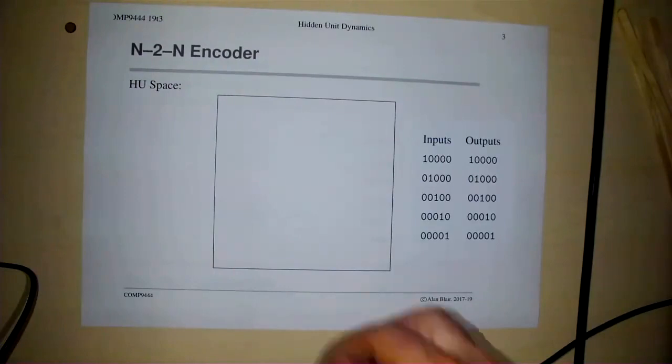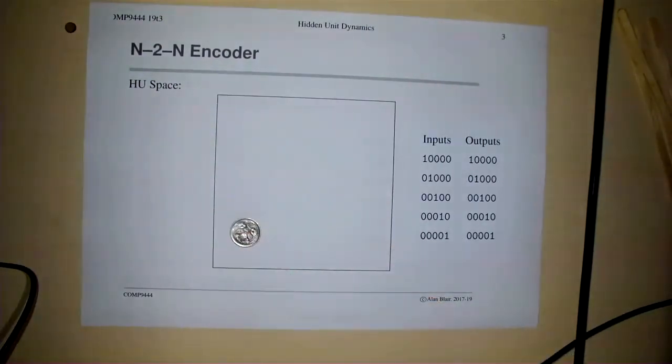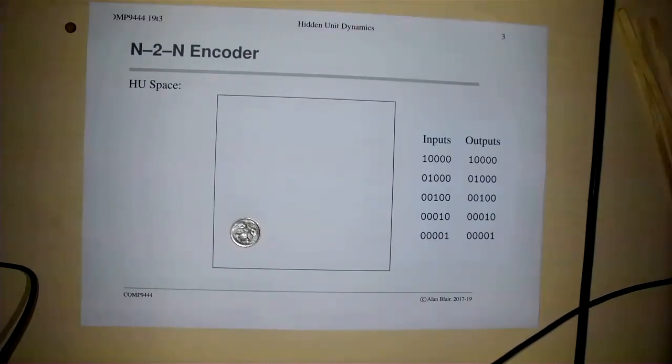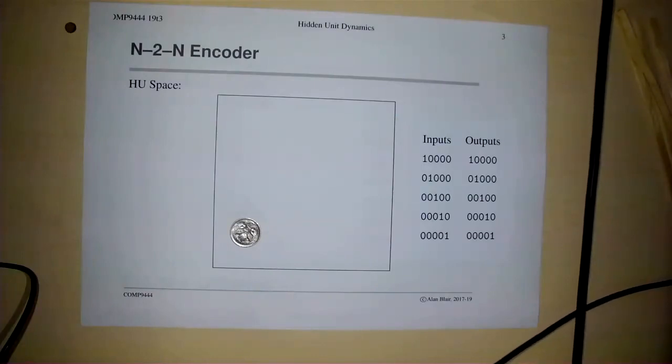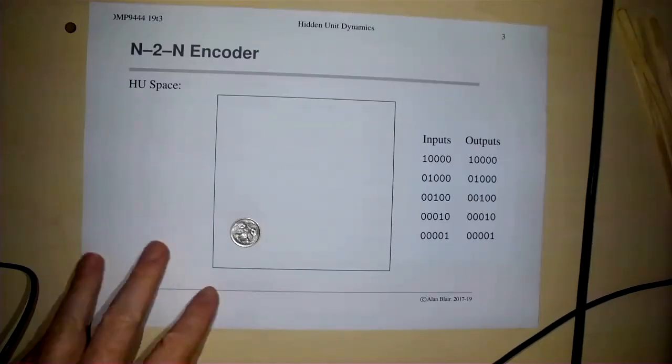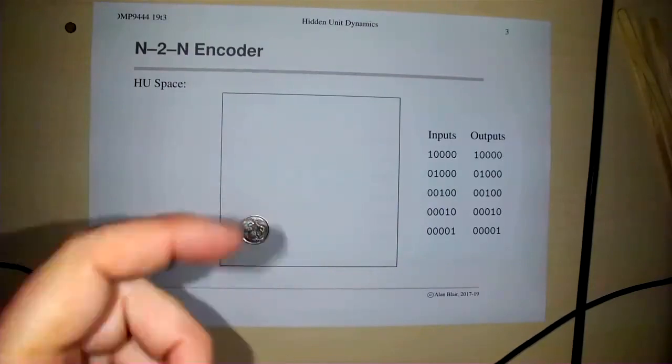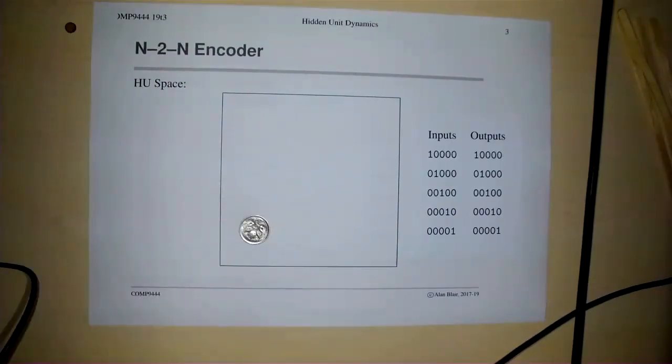And so one way to display these weights is to say, okay, well, let's say that the first input is active. So in the one-hot encoding, let's say the first input is 1 and the other inputs are 0. Well, then let's plot on this graph what the value of the hidden nodes would be for that particular input.